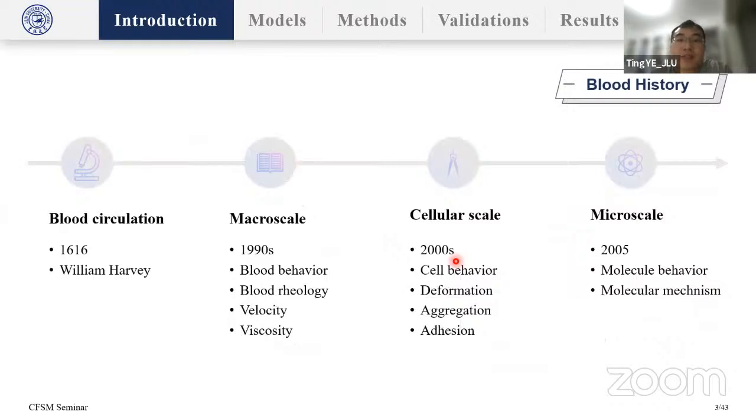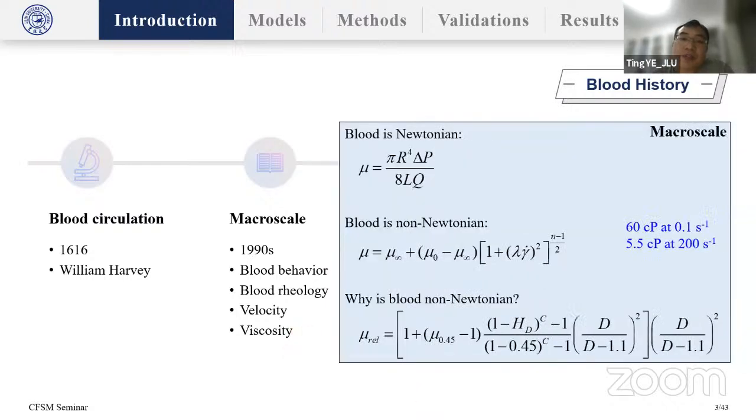When talking about the scale, blood research had three main stages after William Harvey found the blood circulation in 1616: macro scale, cellular scale, and micro scale. At the macro scale, people want to know how the blood flows in a vessel and what the flow velocity and blood viscosity are. Initially, the blood is assumed to be Newtonian, and the Hagen-Poiseuille law is a general formula.